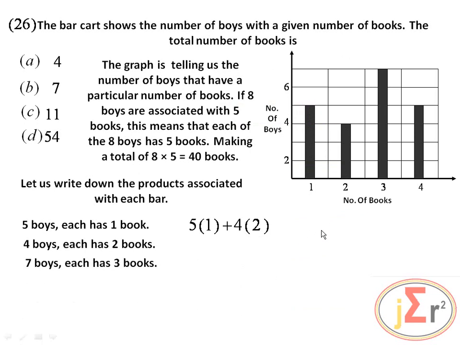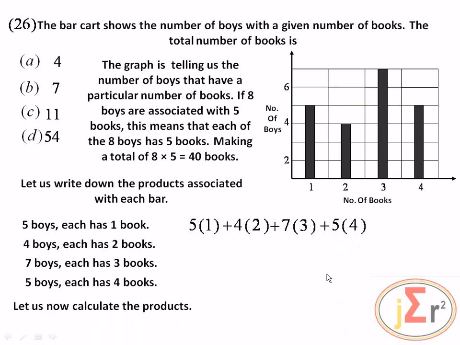Then we have 7 boys, and each one has 3 books. So 7 times 3, and 5 boys each has 4 books. So we have a product, no doubt, right there.